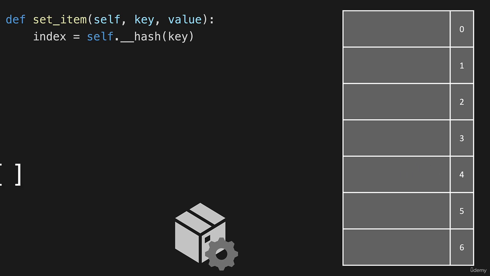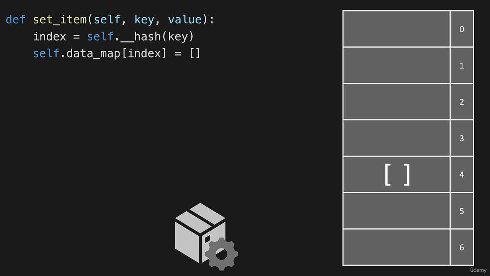So the next thing we have to do is initialize this empty list at that address. And we'll do that like this. We'll say self.datamap at that index, the index of 4. We're going to set that equal to this empty list.